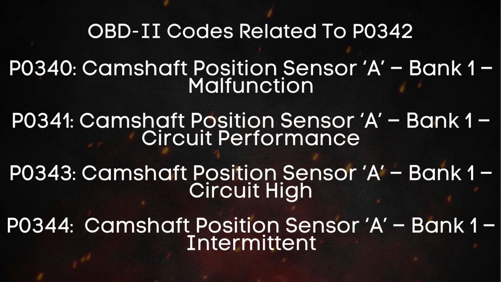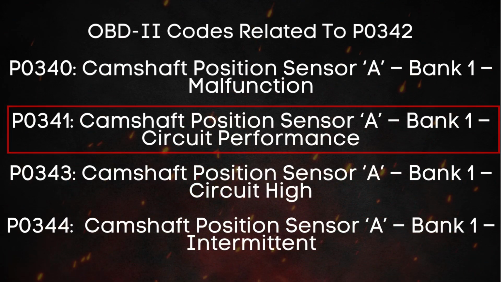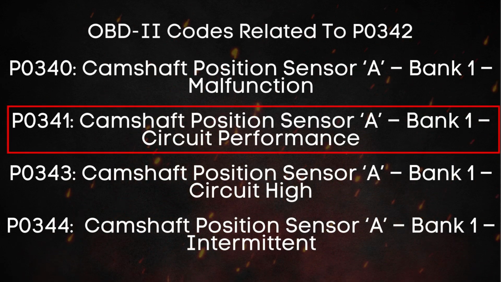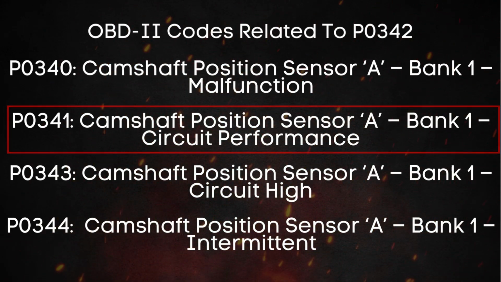Then there's P0341, which means Intake Camshaft Position Sensor for Bank 1 has a performance problem. In simple terms, it means that the signal from the intake camshaft sensor on bank 1 is either out of range or not performing as expected. It could be due to incorrect timing, interference, or a weak signal.